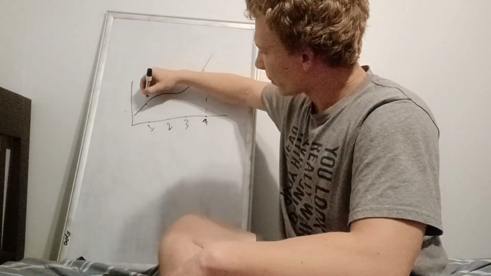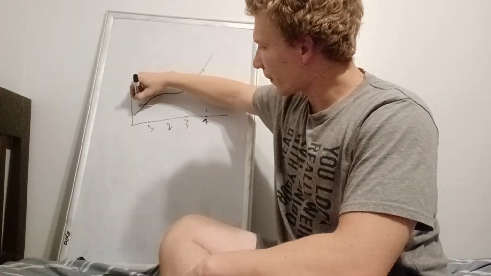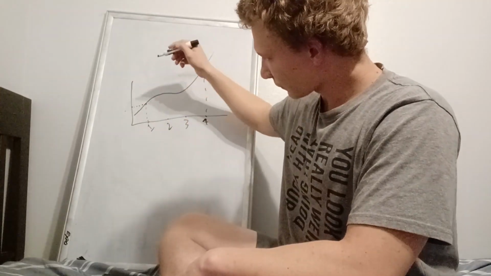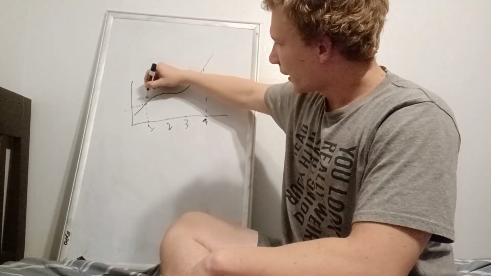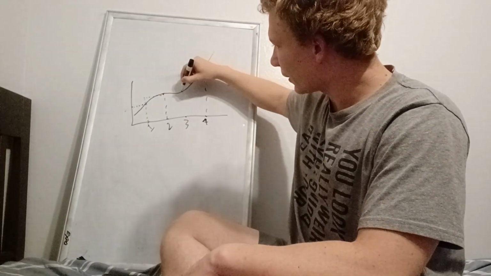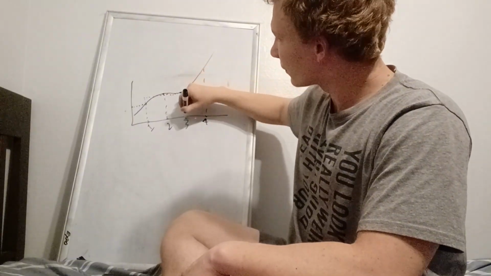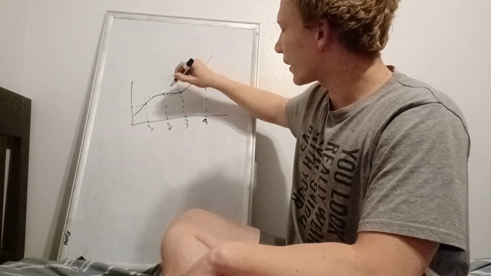Well, what is it at 1? About here, right? Now let's draw a rectangle that goes over. Okay, well, what about at 2? That's about here. Now we draw a rectangle that goes over at 3. It's around here. So we draw another rectangle, and then here we draw our final rectangle.